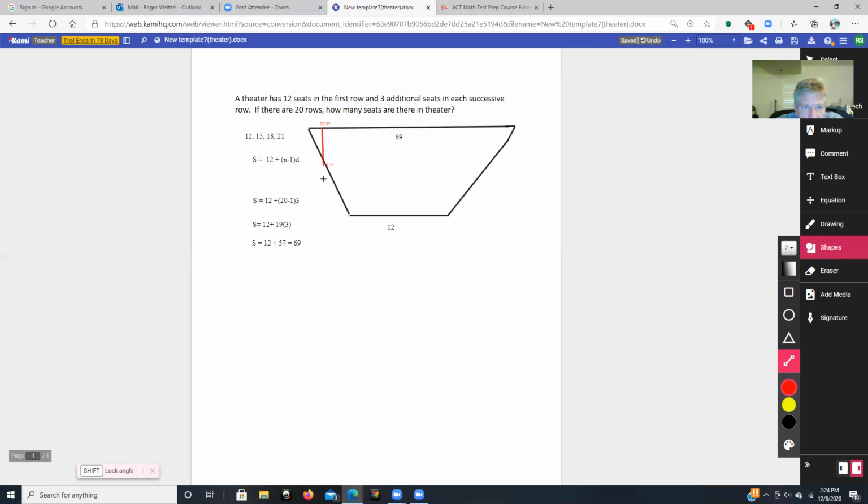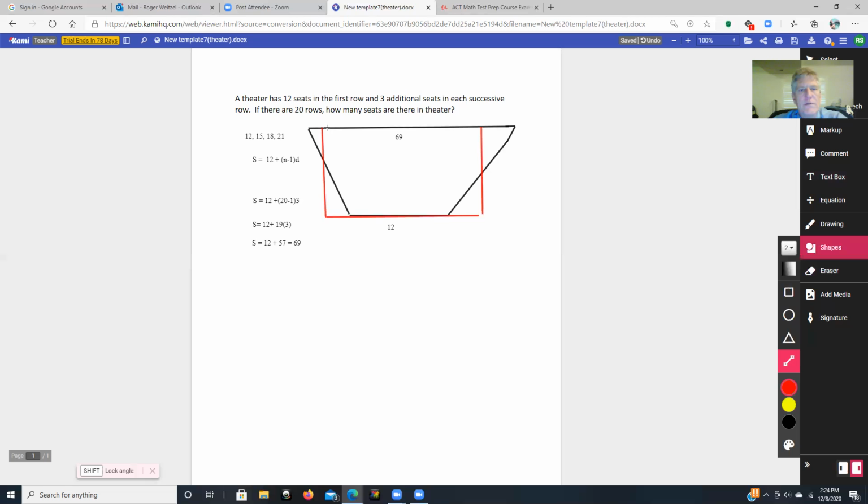This is the way that I visualize this. So maybe this will work for you, maybe it won't, but essentially what we're doing is creating a square so that we have a much easier calculation to make.